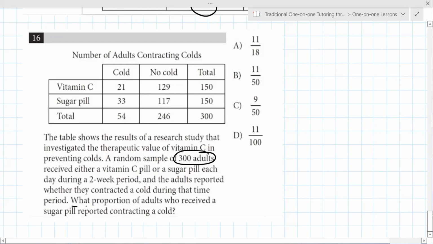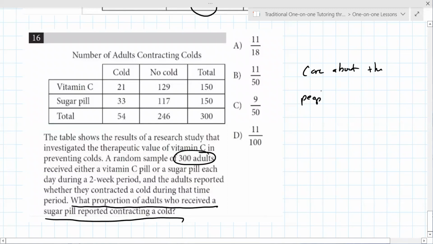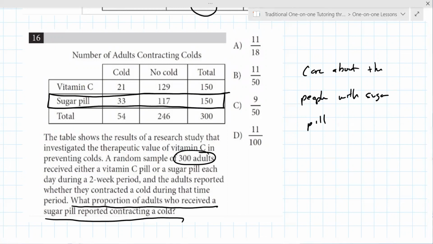So the question is, what proportion of adults who received a sugar pill reported contracting a cold? So what we care about is the people with a sugar pill. So we care about this row right here. Okay.